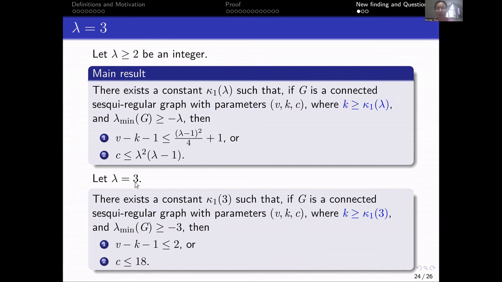For the case lambda is 3, the main result becomes: when the valency of a sesqui-regular graph is very large, then either v minus k minus y is at most 2, or c is at most 18. Anyway, the number is very small. So we want to see whether we can go a further step or not, and we tried and succeeded.